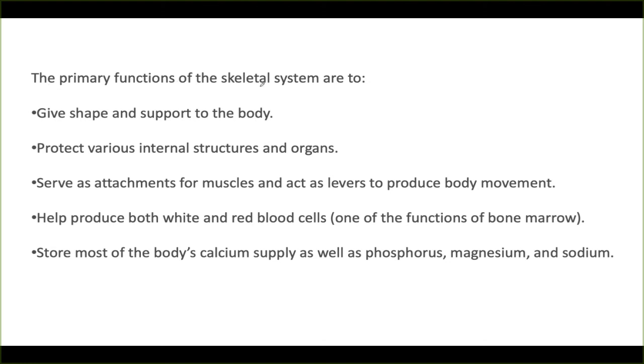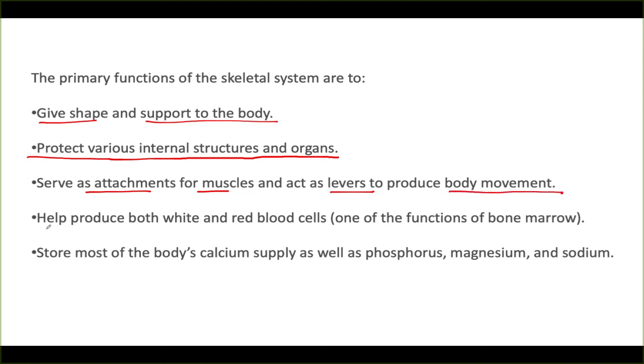A little bit of review here. The primary functions of the skeletal system are to give shape and support to the body, protection, which is to protect various internal structures and organs, serve as an attachment for muscles and act as levers because of joints to produce body movement. Then it helps to produce both white and red blood cells. So we talked about the bone marrow.